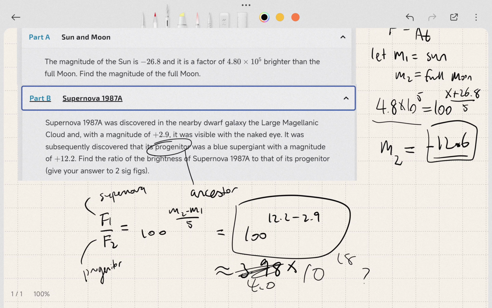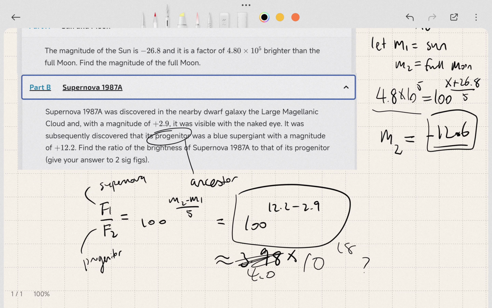So 4.0 times 10 to the power of 18. And it says it's incorrect. So it is incorrect. Not 4.0 times 10 to the power of 18. Well, what's the issue here? I don't see any issue. Let's read the question again.